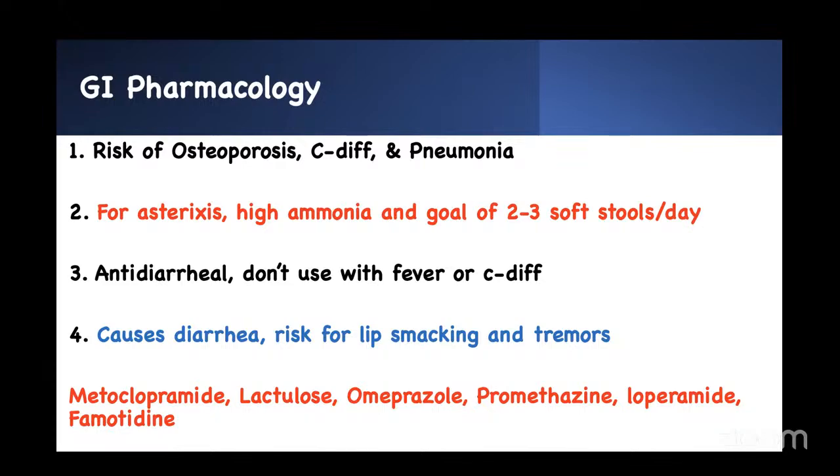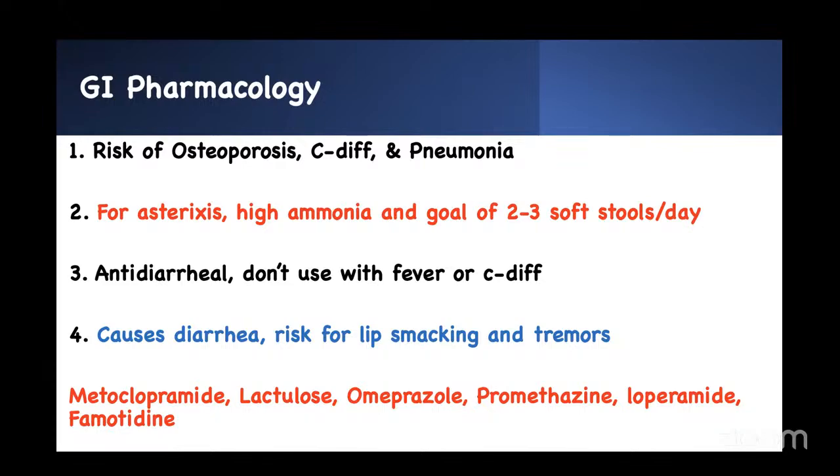Osteoporosis. You're likely to get C. diff if you take it, and pneumonia. Number two, which one will cause what? Asterixis and high ammonia, and the goal is 2 to 3 bowel movements. So if you have all these things, which one do we use to help treat asterixis, high ammonia, and the goal is to let you have 2 to 3 soft bowel movements?